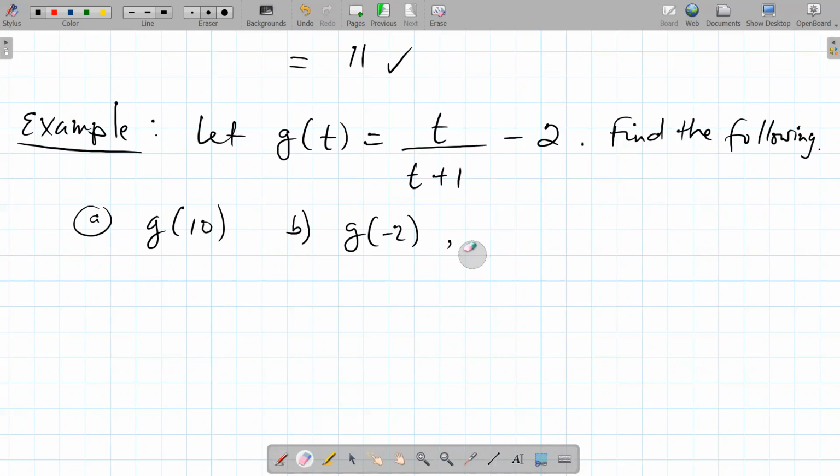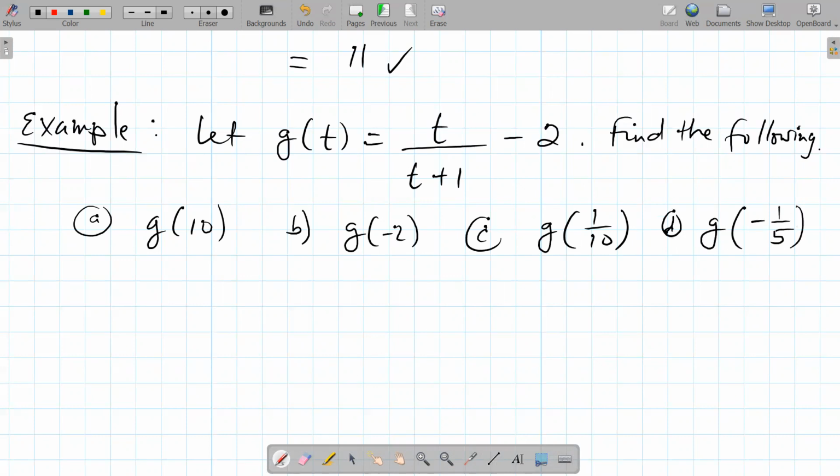C is g of 1 over 10. And the last one, D, is g of -1 over 5. So let's go ahead and try to evaluate these here.